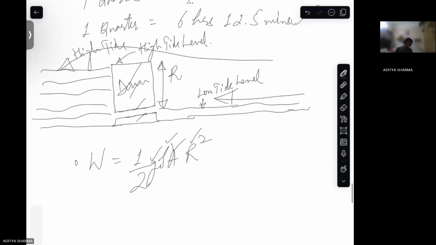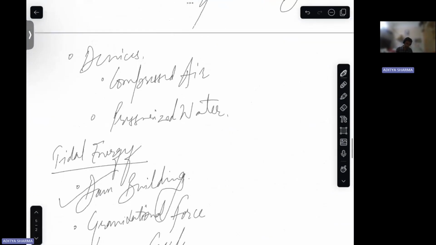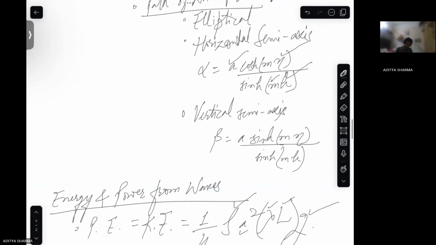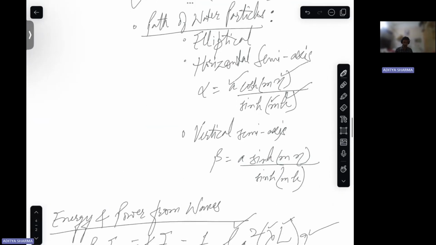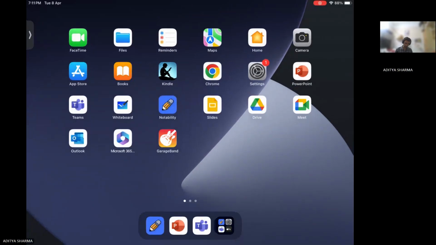This is elliptical, and the horizontal and vertical semi-axis we can also calculate for this elliptical path.